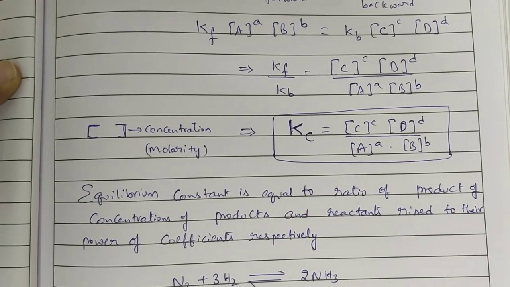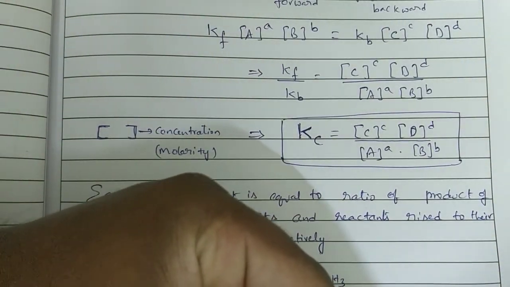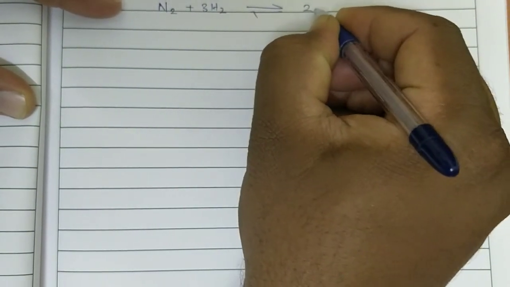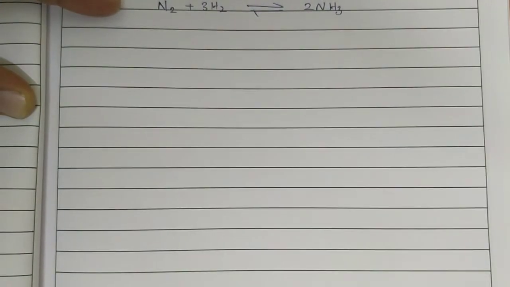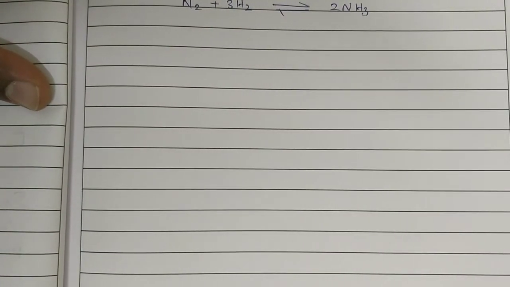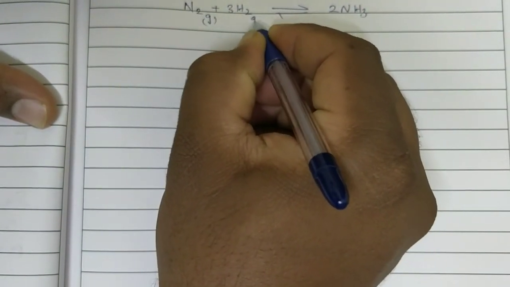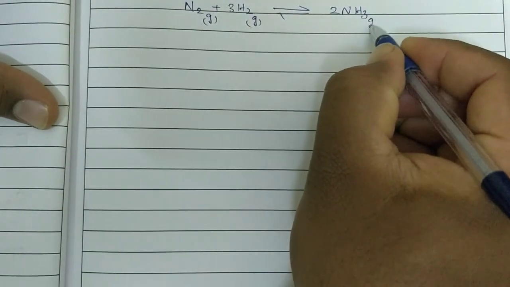Next we have to see the Kp value also. When all the reactants and products are present in the gas state, for example N2 plus 3H2 in equilibrium with 2NH3, N2 is a gas, H2 is also a gas, ammonia is also a gas.